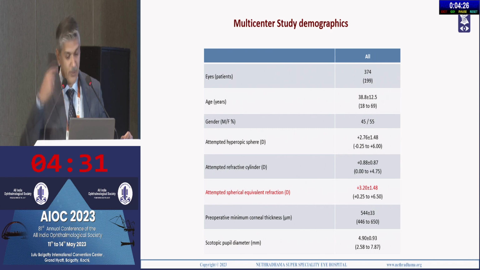Attempted hyperopic sphere correction was plus 2.76, but the range was 0.25 to 6 diopters. Attempted refractive cylinder was 0.88 on average, but the range was 0 to 4.75, and spherical equivalent attempted was 3.20, and the preoperative minimum corneal thickness was 544, and the pupil size on average was 4.9.